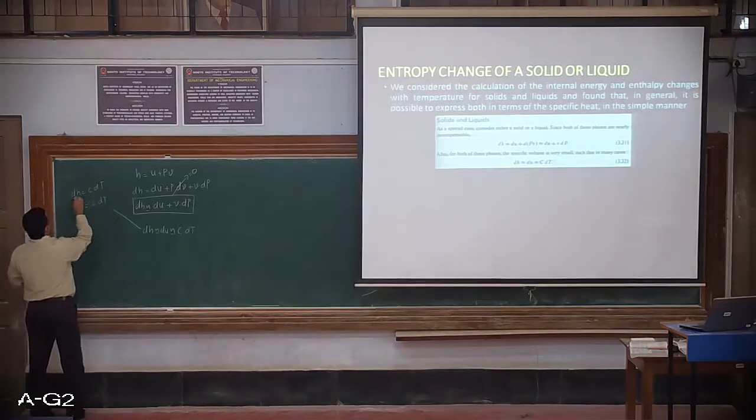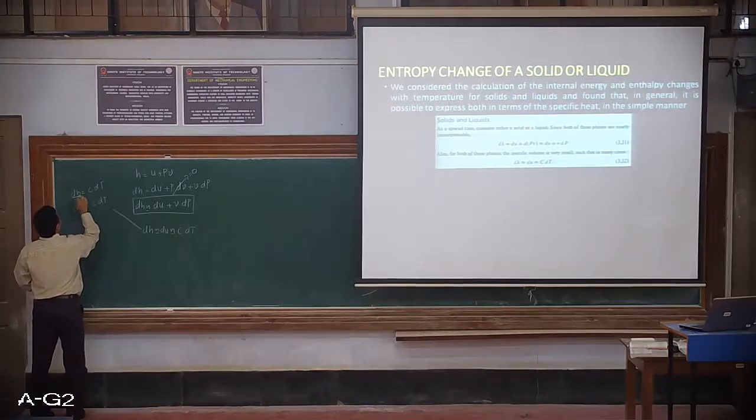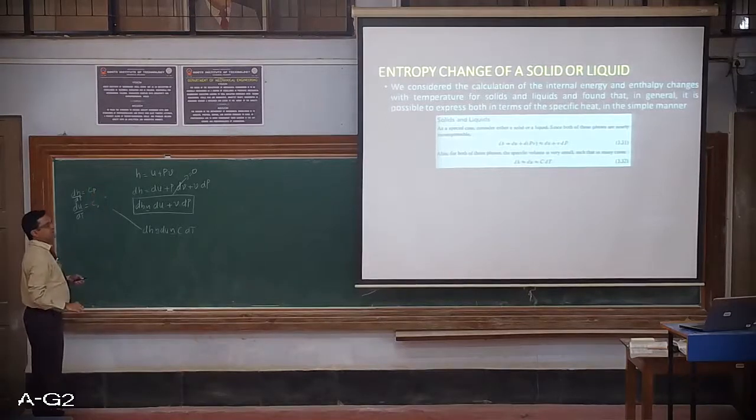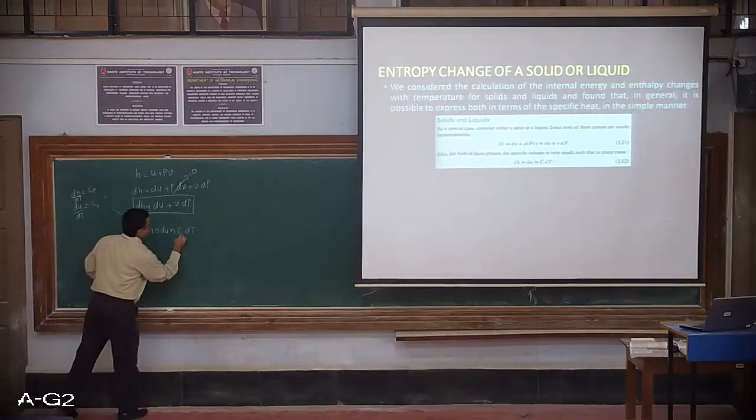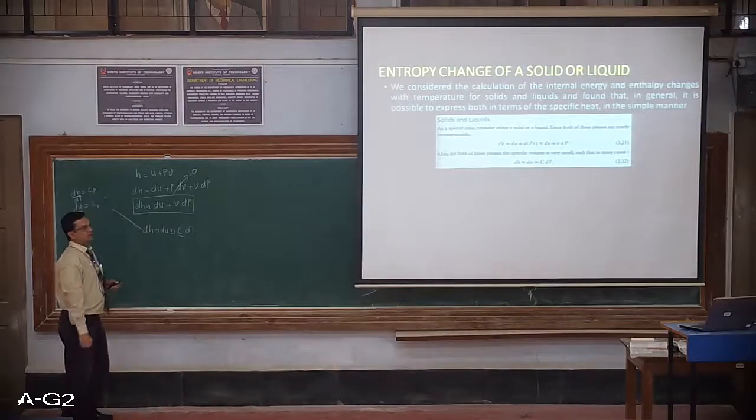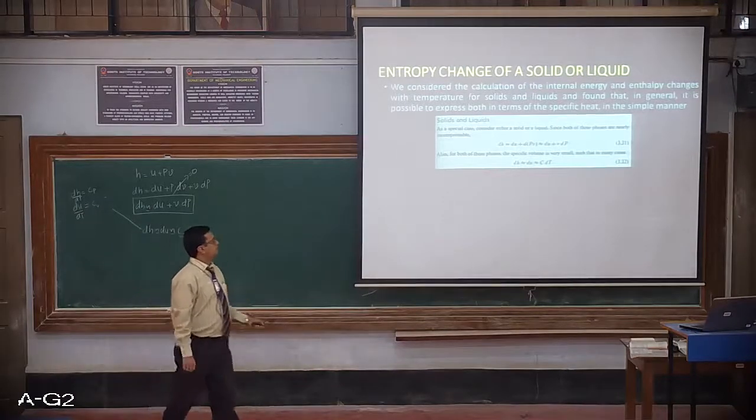In the earlier case, we had taken dH by dT as Cp and dU by dT as Cv. But since Cp and Cv for solids and liquids remain the same, only C is considered. So that is the base of these equations.